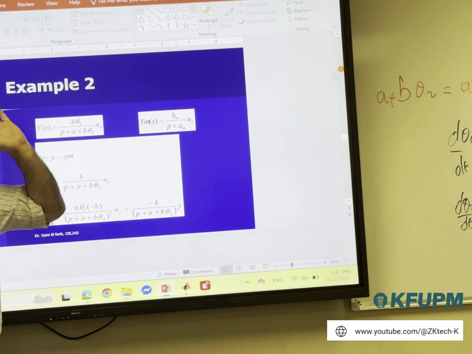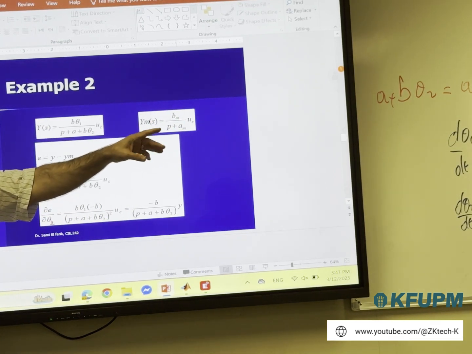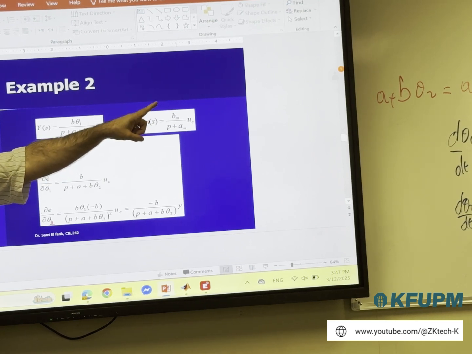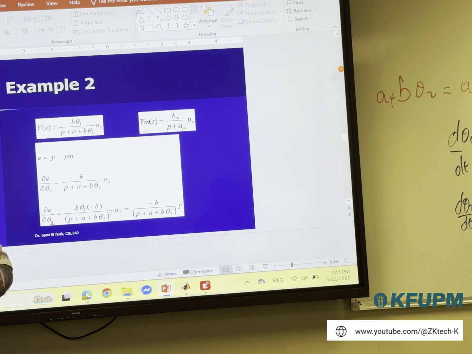This is perfect model following. So I did it, and that's it. I said, if there is perfect model following, theta 1 will be equal to BM over B, and theta 2 will be equal to AM minus A. Why not fix it? We don't know A and B. That's another idea of MRAC. That's the whole idea of the course.